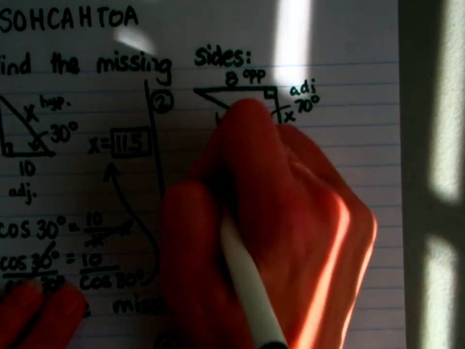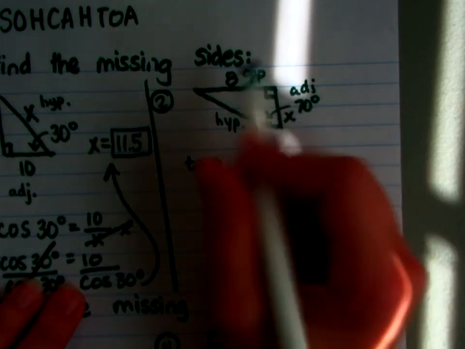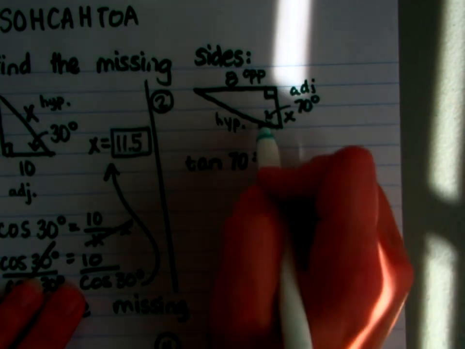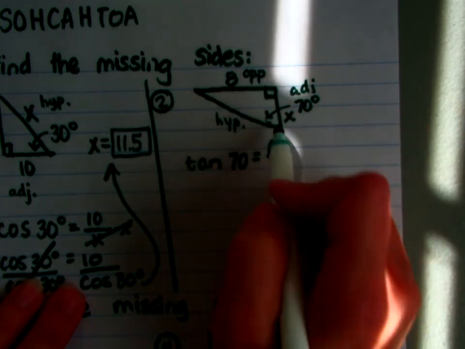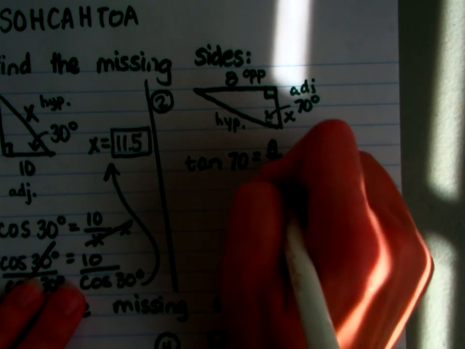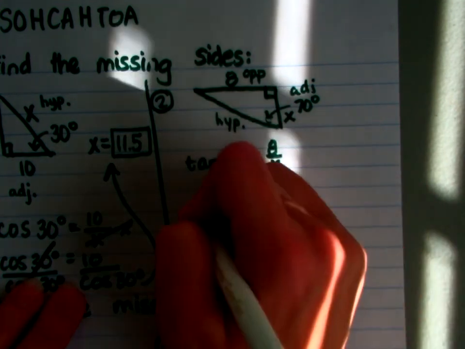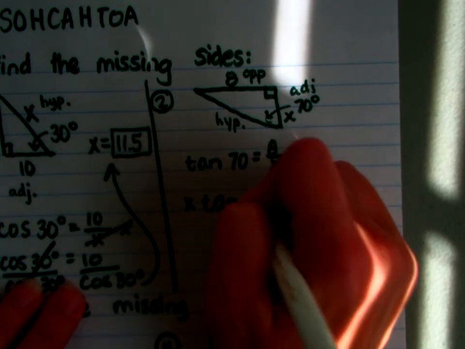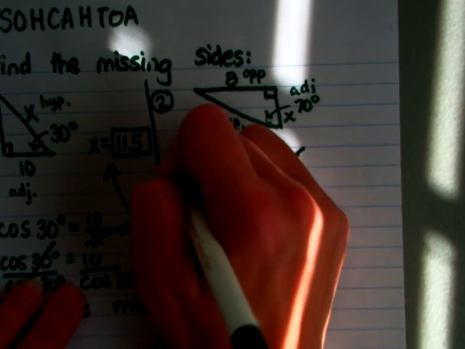So we're going to do tangent of our 70 degrees is equal to the side opposite of it, which is the 8, over the side that's adjacent, which we don't know, x. Again, we can multiply both sides by x, giving us x tangent of 70 degrees equals 8, to make our x's cancel.